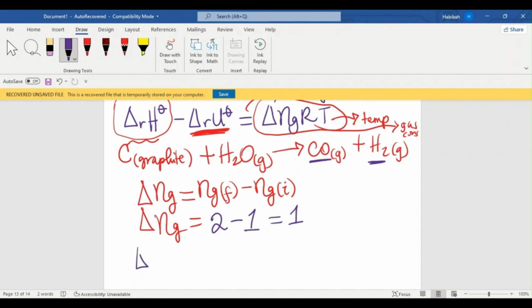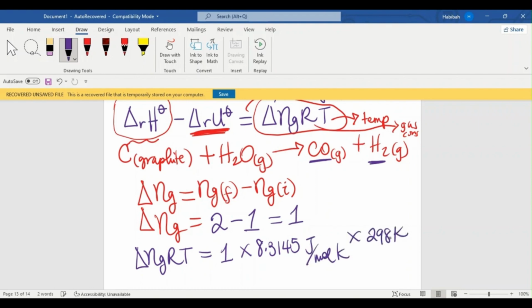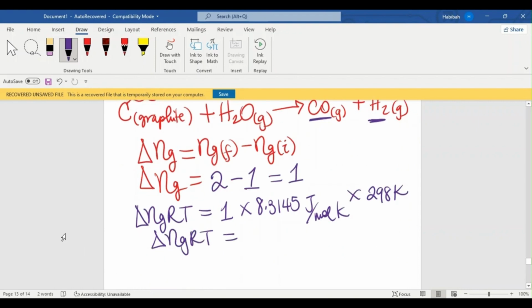So Δn_g times R times T is equal to 1 times 8.3145 joule per mole Kelvin times 298 Kelvin.